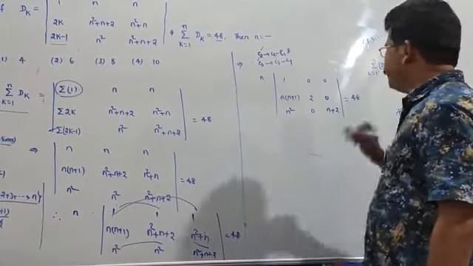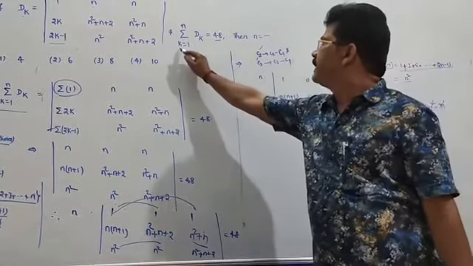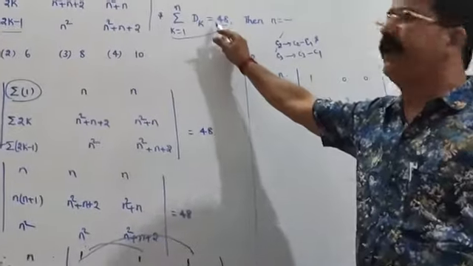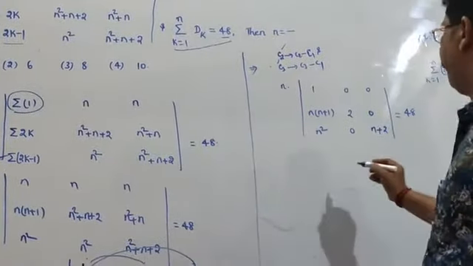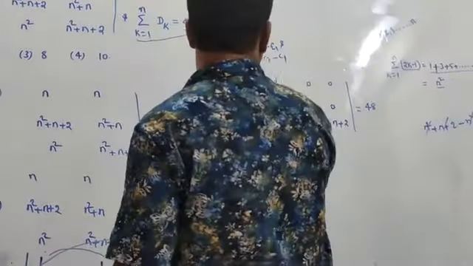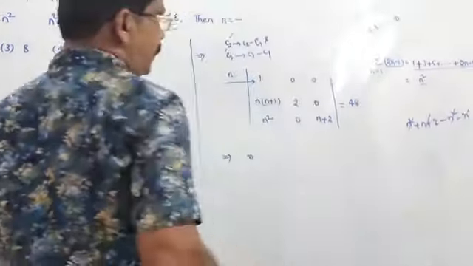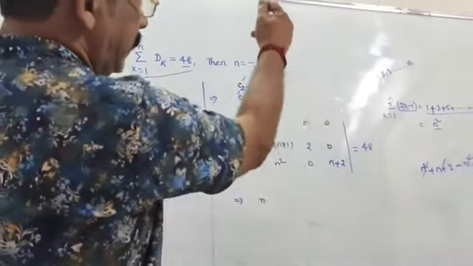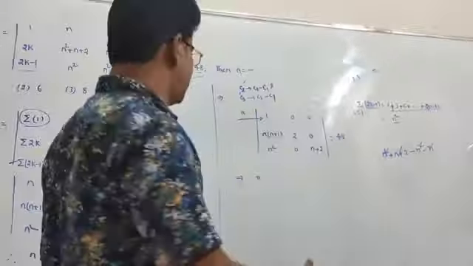That is equal to 48. It is the given value because it is given that sigma k equal to 1 to n of dk equals 48. So n into, we can expand through the first row or second column or third column. It is your choice.